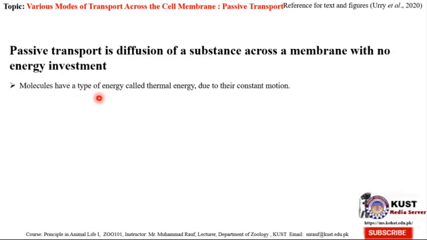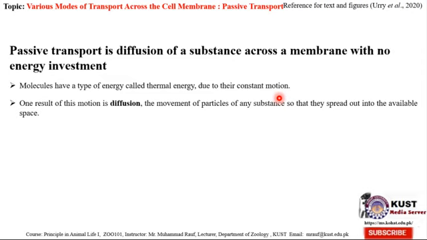Molecules have a type of energy called thermal energy due to their constant motion, which is also known as Brownian motion. One result of this motion is diffusion, the movement of particles of any substance so that they spread out into the available space.